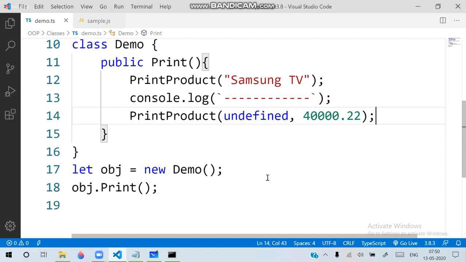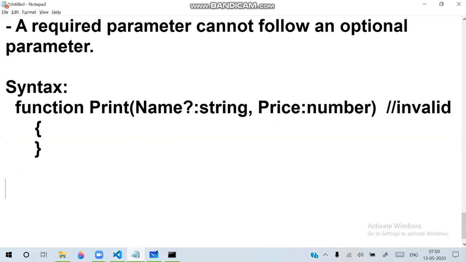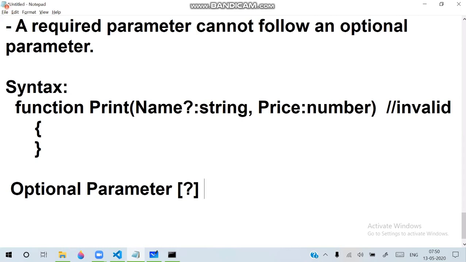So the key basic rule you need to understand is: an optional parameter, that means with a question mark, means undefined. It will use undefined.